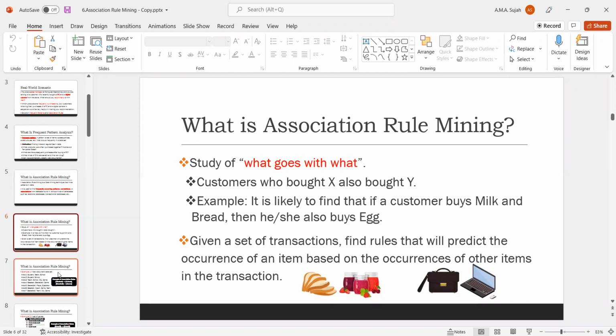Am I correct? Association rule mining means we can say a customer who buys X also buys Y. Someone tell me an example of these kinds of things. I told you if a person buys bread, there is a possibility they will buy jam.